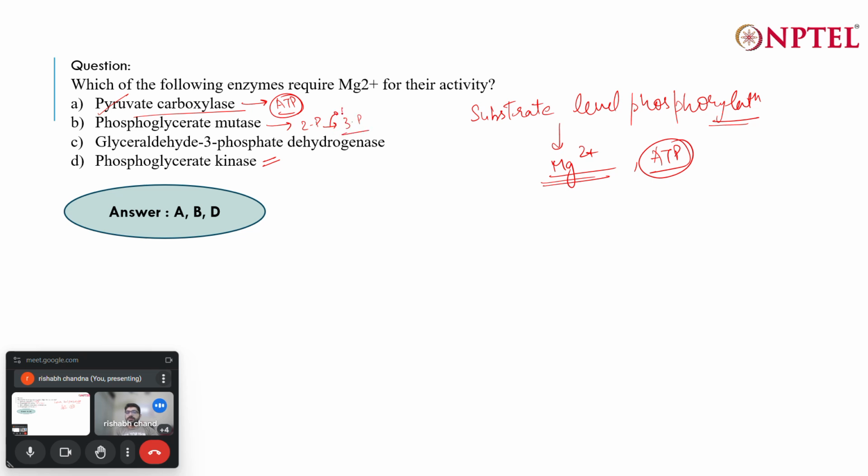Then phosphoglycerate kinase, it requires Mg2+ because it is the enzyme that converts 1,3-biphosphoglycerate to 3-phosphoglycerate. Okay, so it helps in the formation of ATP. So these three enzymes actually require Mg2+. Okay, any doubts in this question?